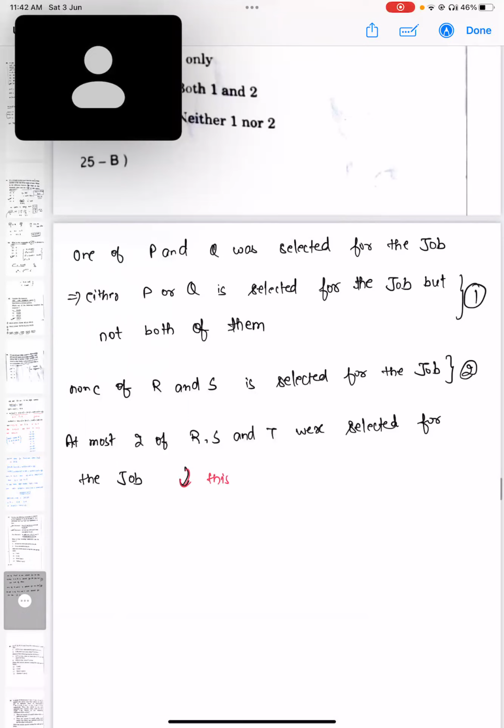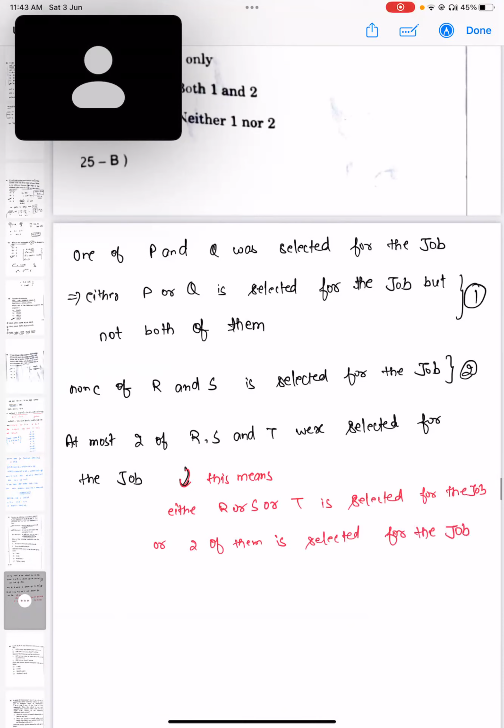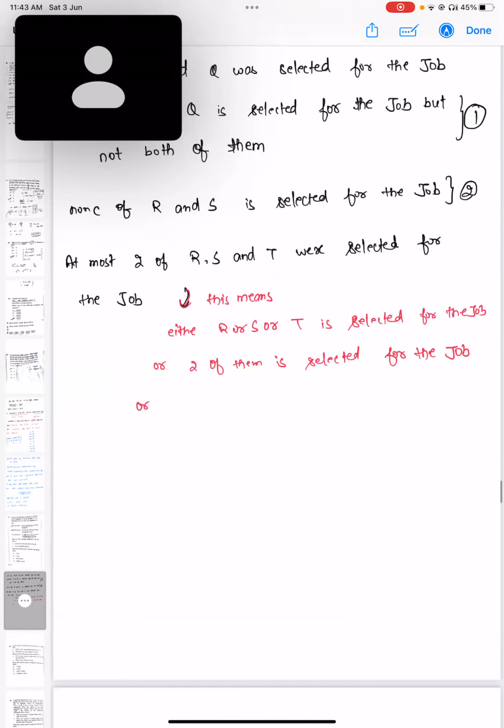This means either R or S or T is selected for the job, or two of them are selected for the job, or none of them is selected for the job.